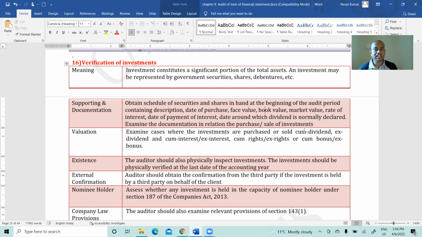In a bank, you put money. In a depository, you put shares. Like how I put my 100 rupees in Canara Bank, I put my 100 shares in some depository. So NSDL, at the end of every month, will send a consolidated account statement summary that Pavan has these shares. Sandeep can verify that also.